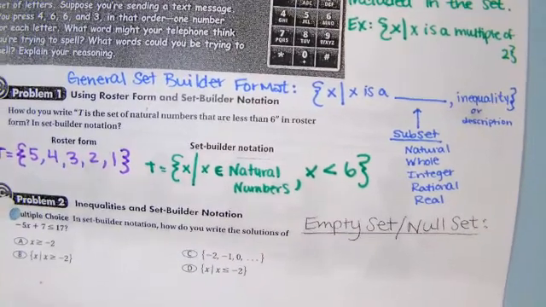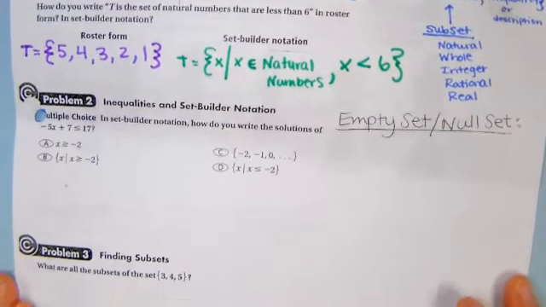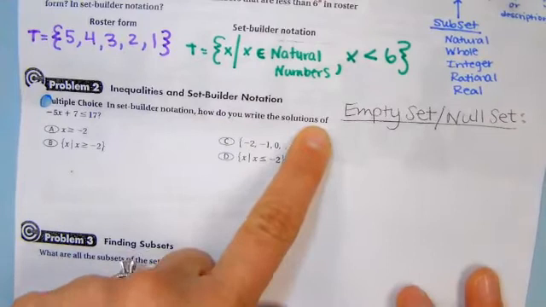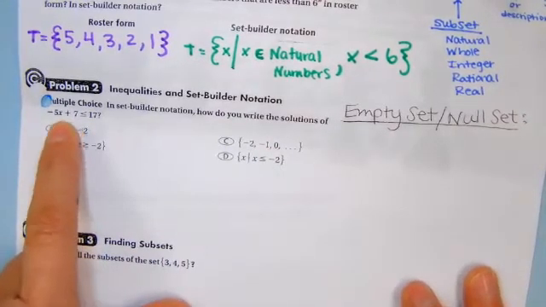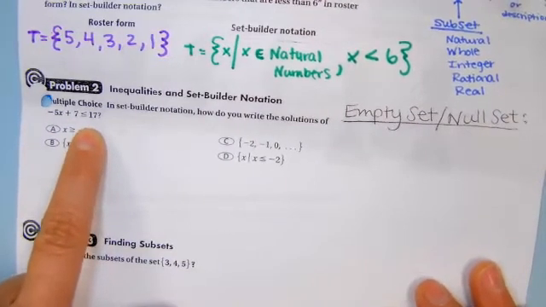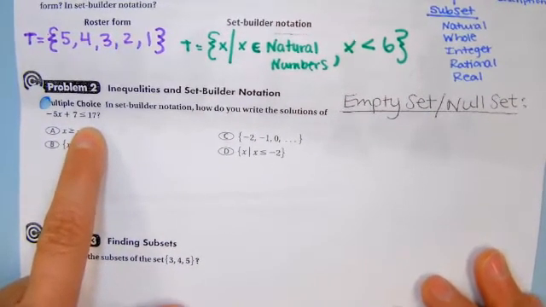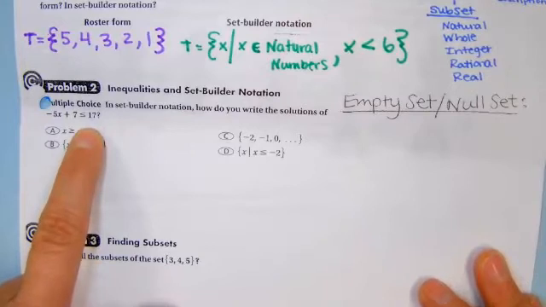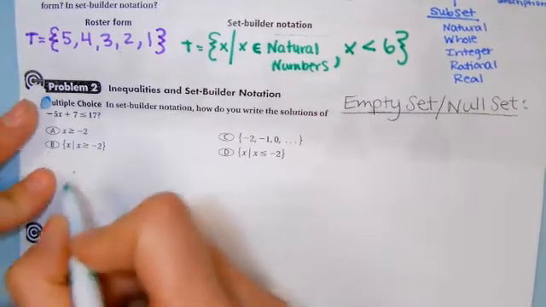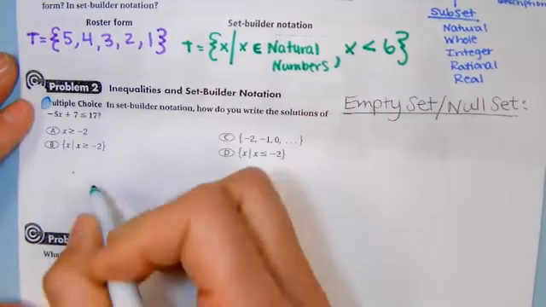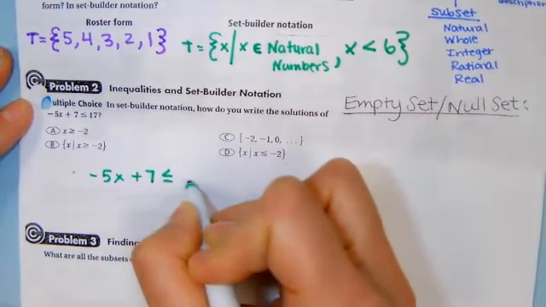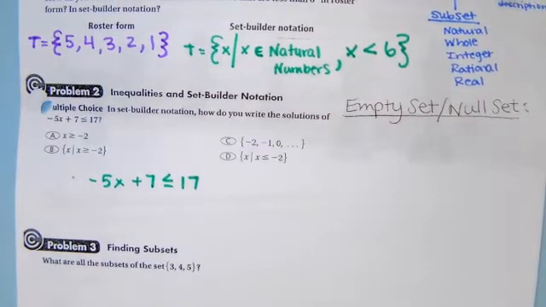Okay? So the other part of this is in set builder notation, how do you write the solutions of negative 5x plus 7 is less than or equal to 17? Okay, so what we're going to do is solve it first, like we were doing before. We're going to set this up, negative 5x plus 7 is less than or equal to 17, and solve it like we learned before.